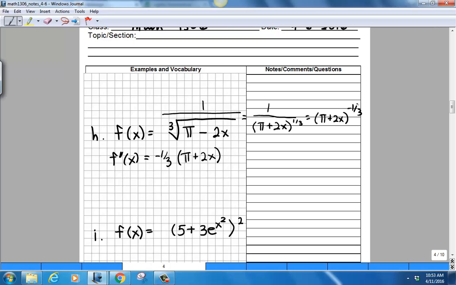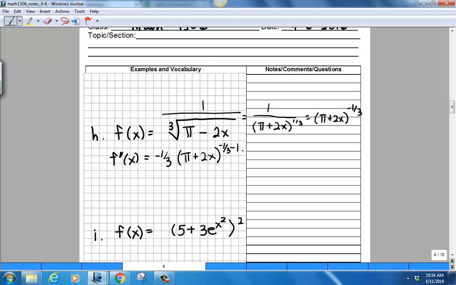And then what do you do with the exponent there? Yeah, you subtract 1. So we'll worry about figuring out what minus 1/3 minus 1 is in just a second.